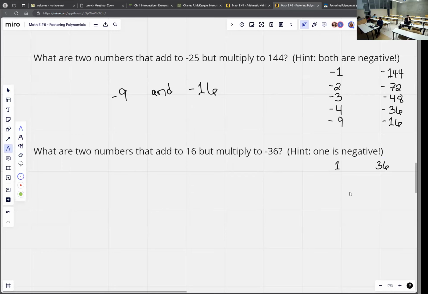So I'm gonna make my list, but we have to be aware the negative sign might be on the other side. It's nine. So none of those add up right.